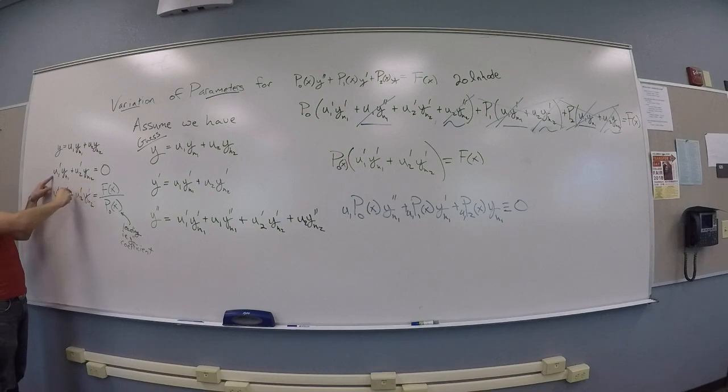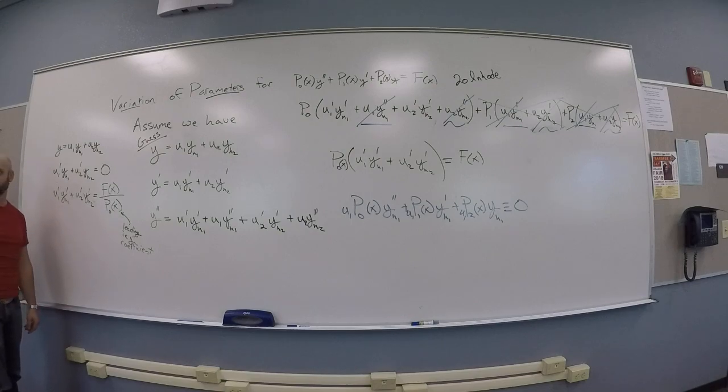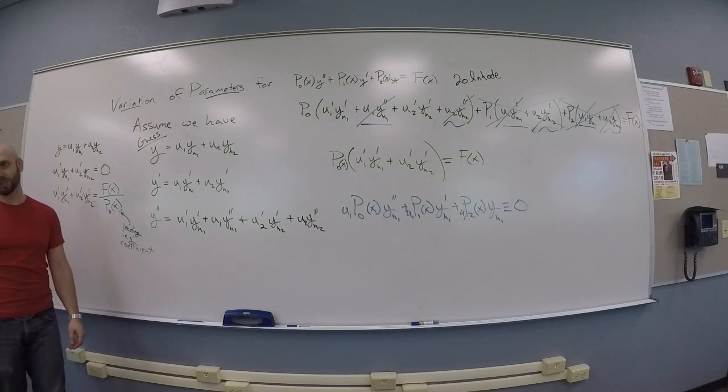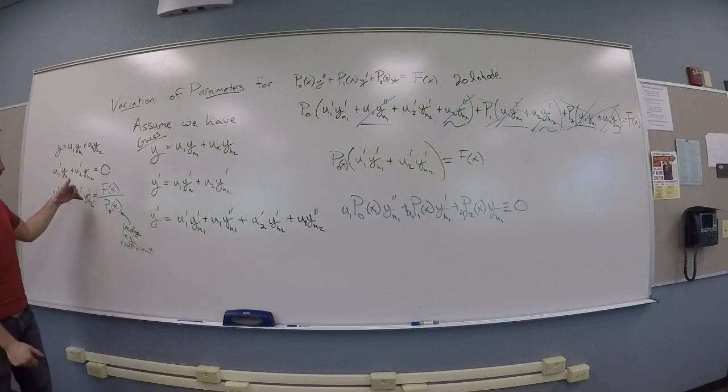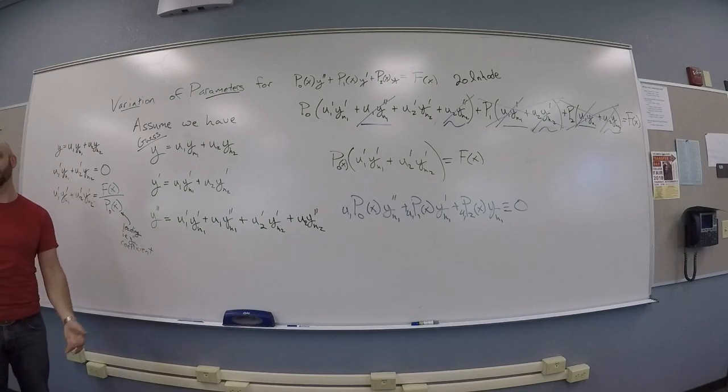So you figure out what U1 prime is in terms of U2 prime, sub that in here, that'll get you an equation for U2 prime, integrate. Can we just provide the closed form in the result? Yeah, it's in the book, or feel free, it's not hard, it's just a mess. I don't feel like memorizing it, I'd rather memorize the two things instead of 30.